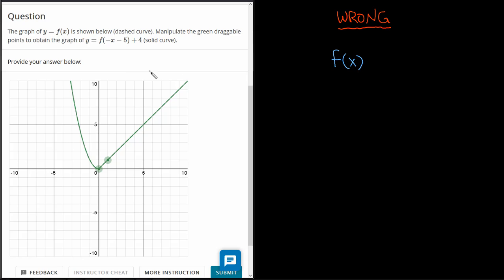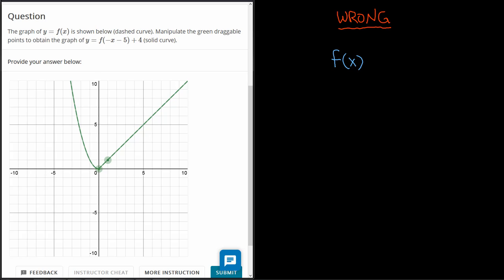Well, like I said, this is kind of a tricky problem, and there's a very common mistake that a lot of people make when they do problems like this. The problem comes from whenever there's a number or a negative sign right in front of the x.